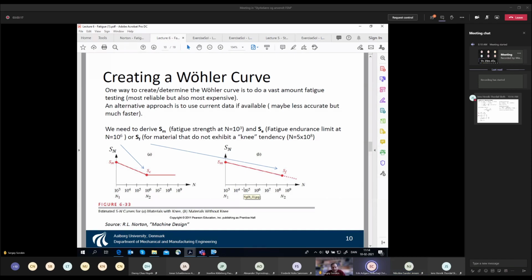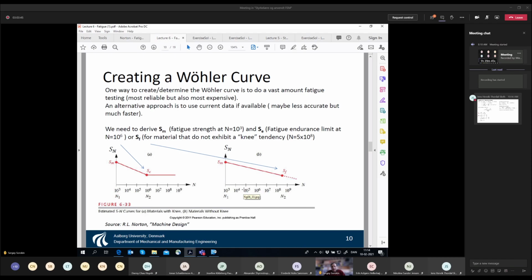Sergey, you said something about if n wasn't 1, it still wasn't 100% reliable. Is that correct? Yes. So the point here is that we really must come up with predictions of the fatigue for the specimens and the real structures which are exposed to various types of loading.